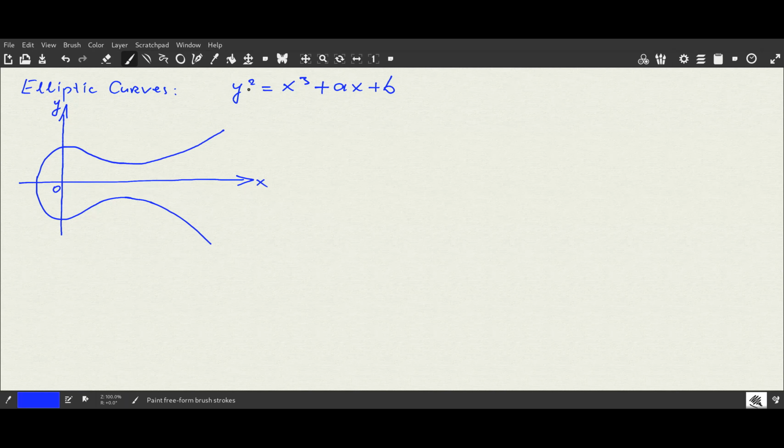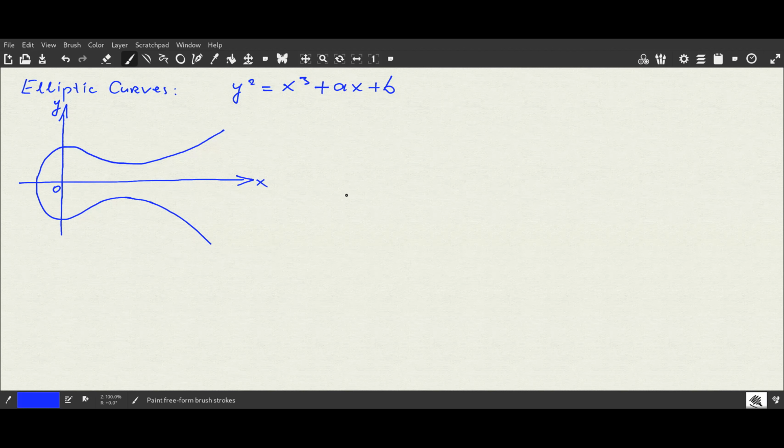Y symmetric, because if we solve it for y, it will be just plus minus square root of the right hand side, all right? We know that as x tends to infinity, y asymptotically behaves as x to the power 3 over 2 plus minus x to the power 3 over 2. So these are asymptotic orders of growth of the curve as x tends to infinity.